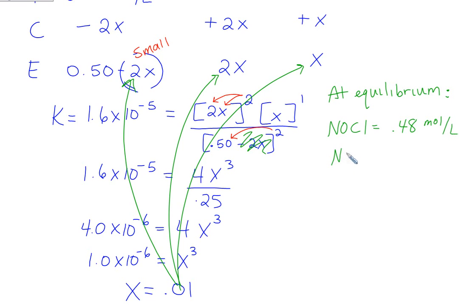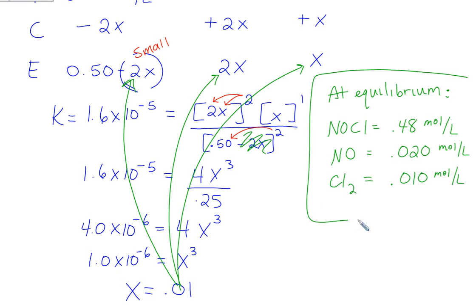My nitrogen monoxide would be 2x, 0.020, we'll go two sig figs, moles per liter. And my chlorine is x, 0.01 moles per liter. There we are, not bad, huh?